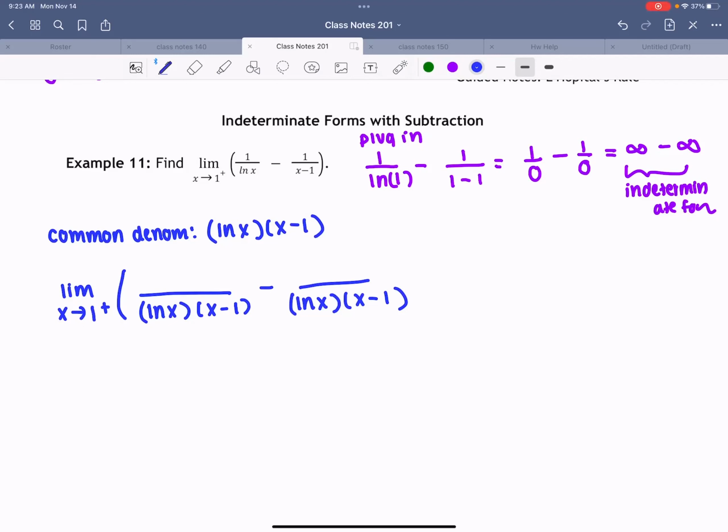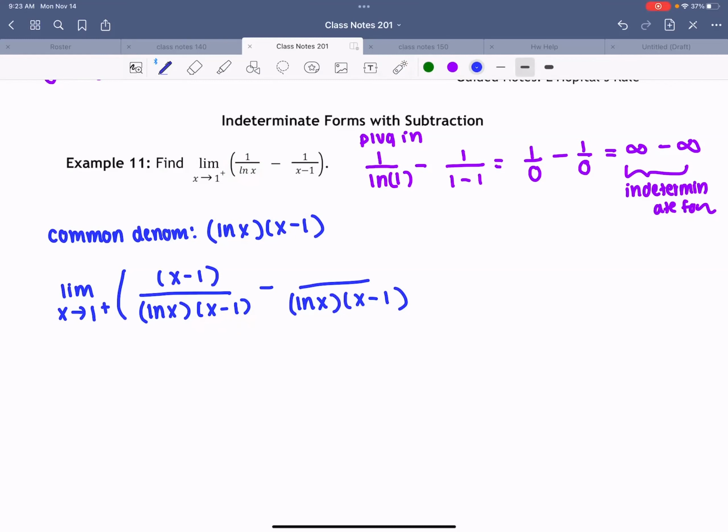X minus 1, because I had ln of x in the beginning and I multiplied by x minus 1 in the denominator to make the common denominator. Whatever I do on the bottom, I also have to do on the top. So I'm going to take my 1 on top and multiply it by x minus 1 as well.